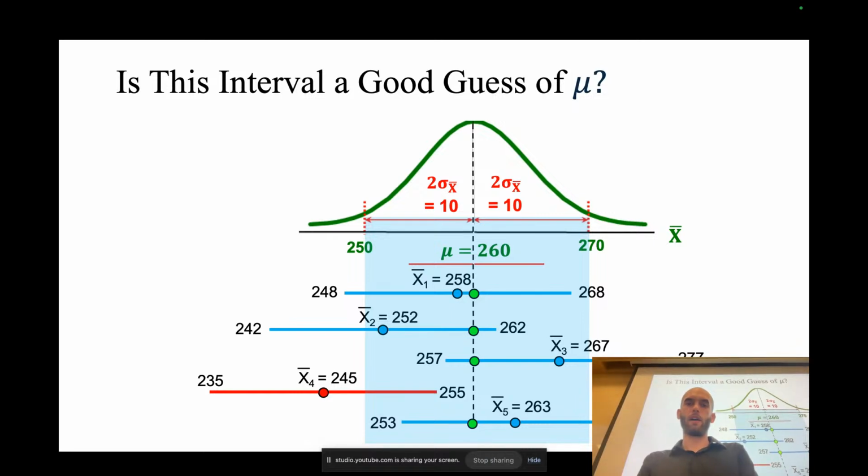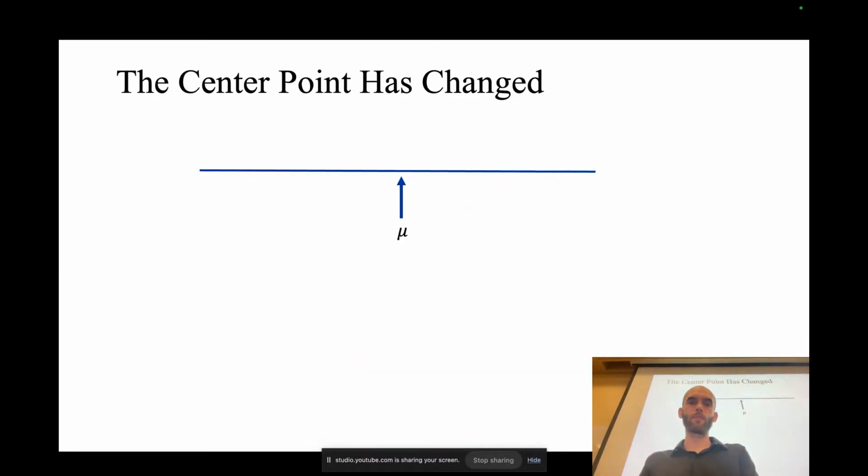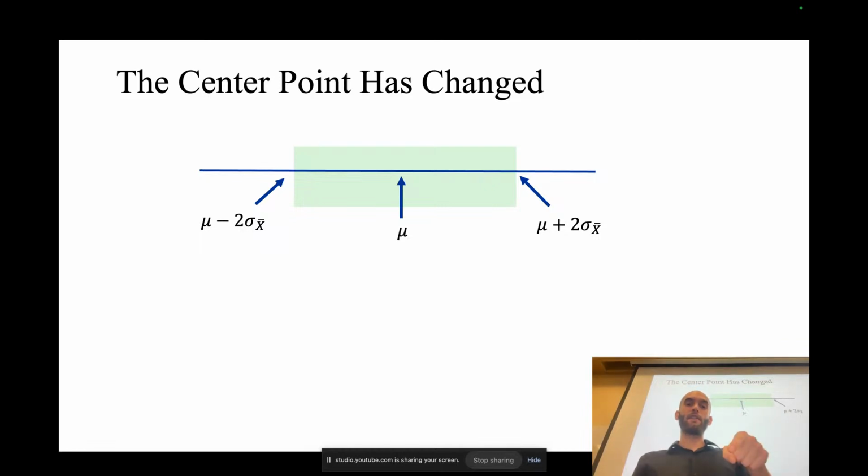Okay, so essentially what we're doing is we're taking this thing, which is the distribution around mu, where we draw some x bar from the distribution, and we know x bar will fall inside this green interval 95% of the time.